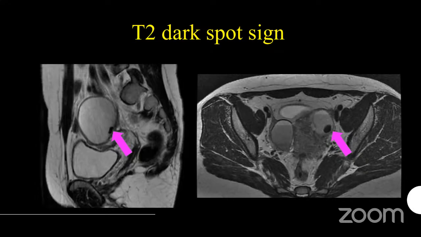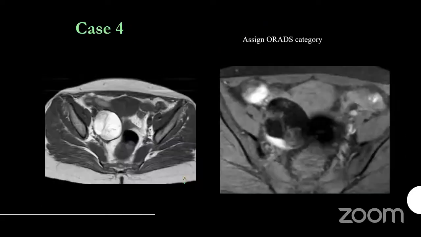But if the shading sign and the T2 dark spots sign are positive, it means there is chronic ongoing hemorrhage. These are clotted or chronic blood products which we see as T2 dark spots, and shading is because of blood products in different stages of degradation. So these two signs are important to identify an endometriotic cyst.